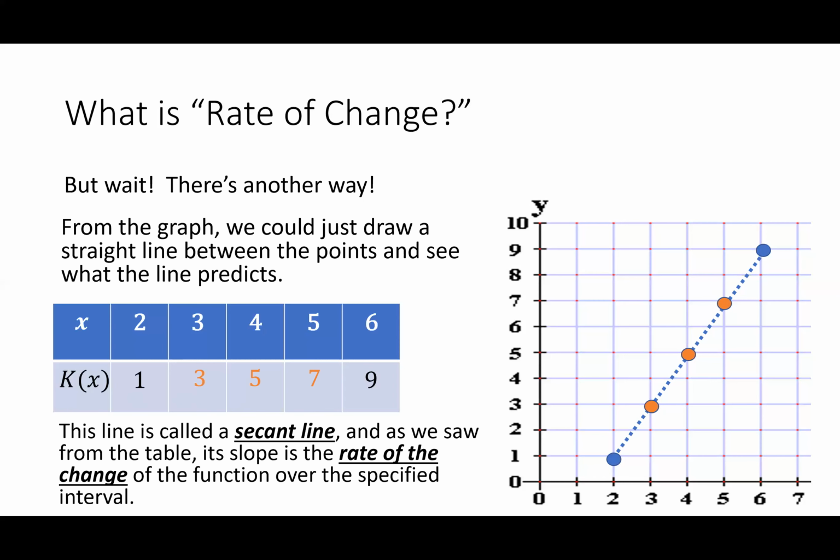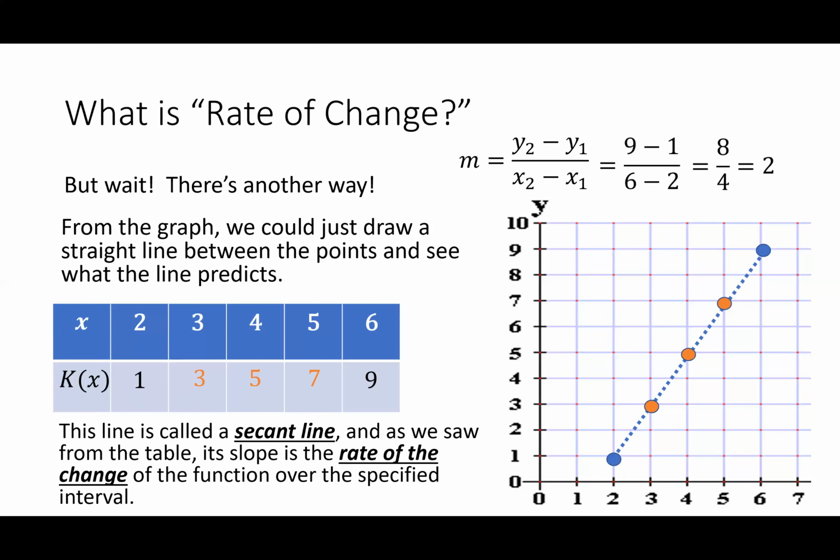And what we saw from the table, its slope is the rate of change of the function over the specified interval. So if we look at the formula that we have here, something that we were given in high school and just had to assume was the case, what we're really doing is finding the delta, the change in the y values, and dividing it by the change in the x values, in the hopes of finding how high up the y-axis we're going to go for every unit we move over on the x-axis.